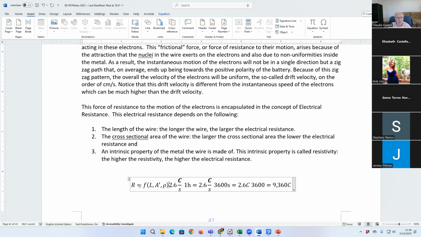And this resistivity we represent by the Greek letter rho. Any questions so far?